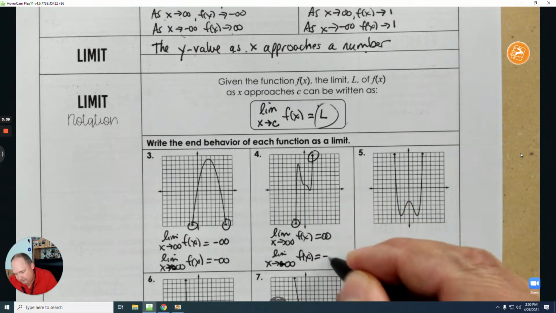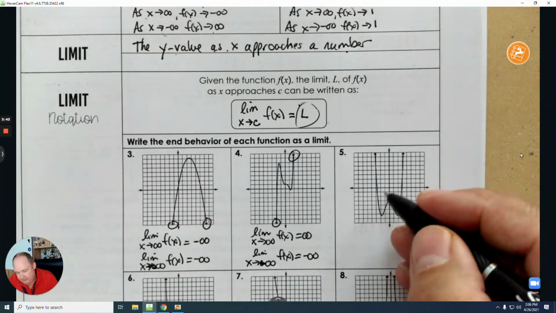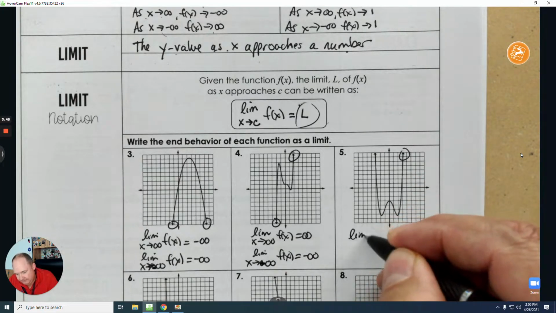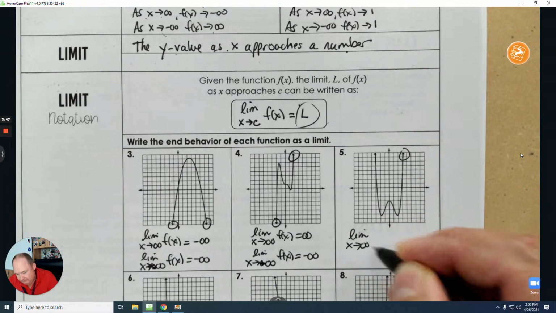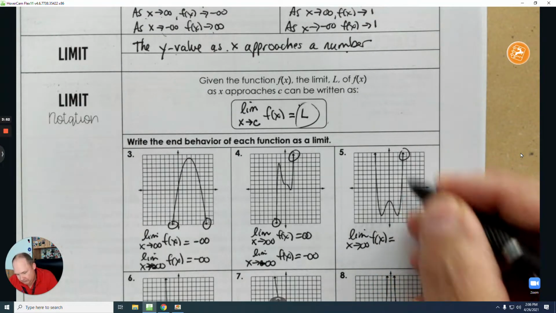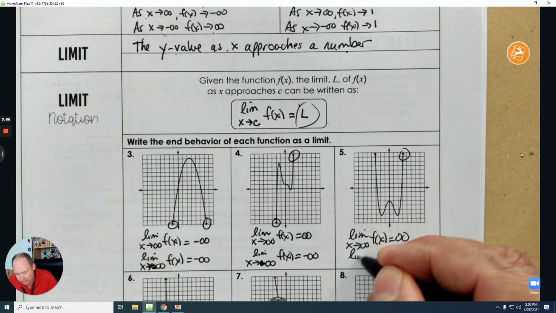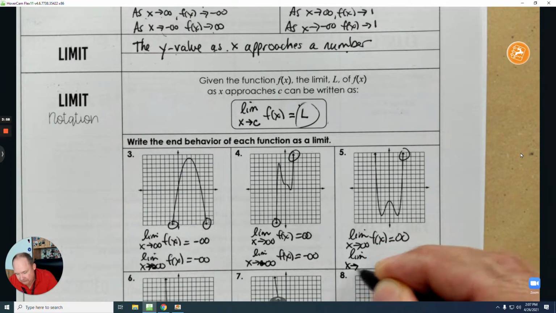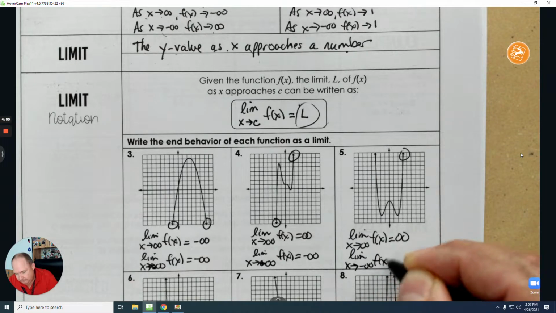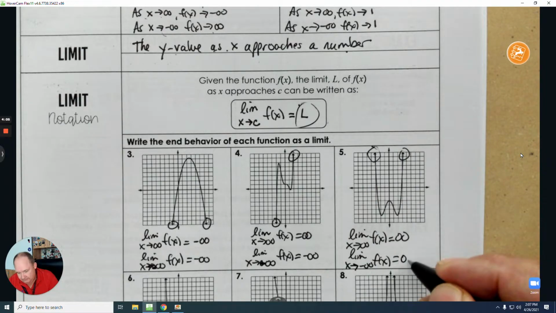And the left end is going down. Here, the limit as x approaches infinity, that's the right end of the function, is equal to infinity. So it's similar to what we've been writing. We're using a new notation, but a similar way to describe it. And where's the left end? The left end's also going to infinity.